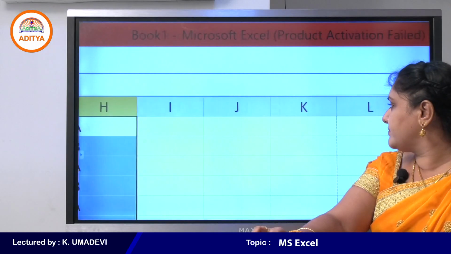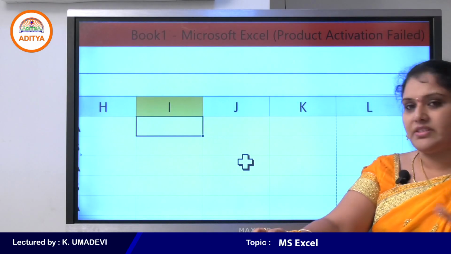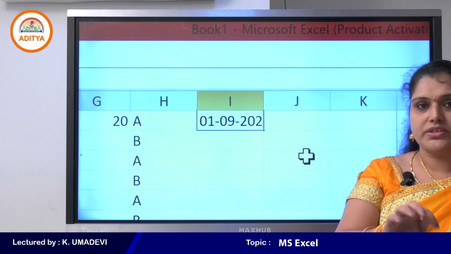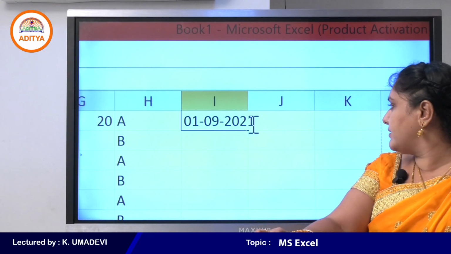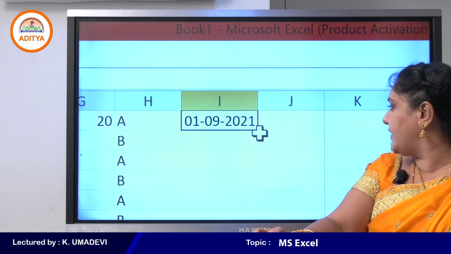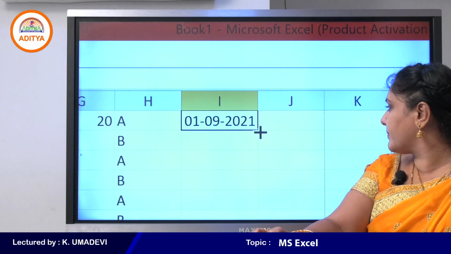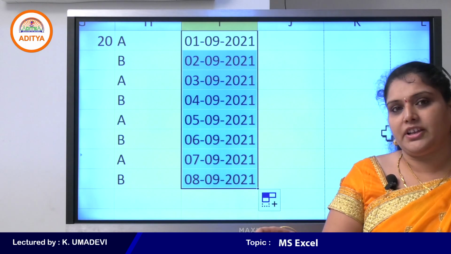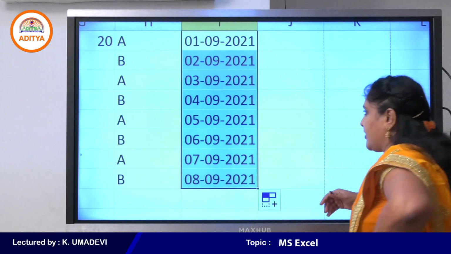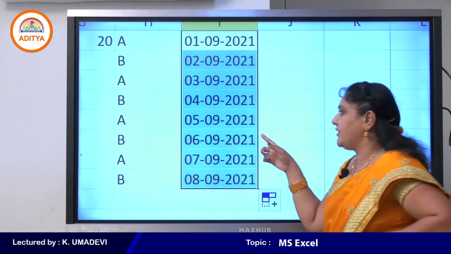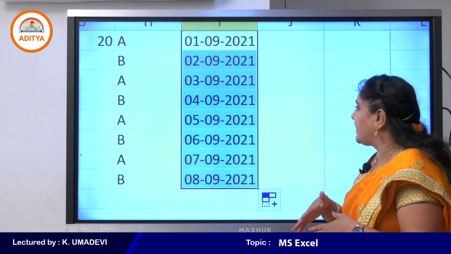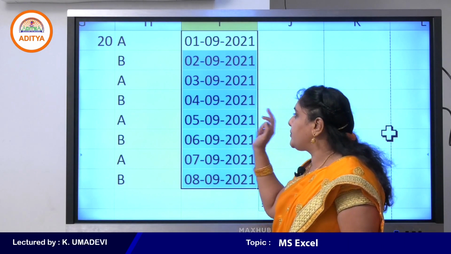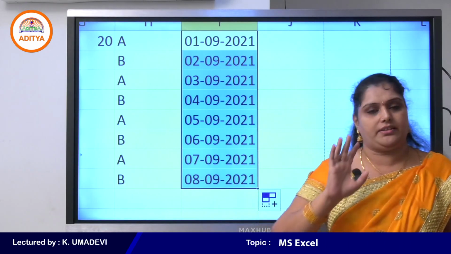For example, just enter the first date, 1, 9, 2021. It will automatically display the next date, that is 2/9/21, 3/9/21. Month and year remain the same, whereas the date will change here, right? So 1, 2, 3, 4, 5, 6, 7, 8.